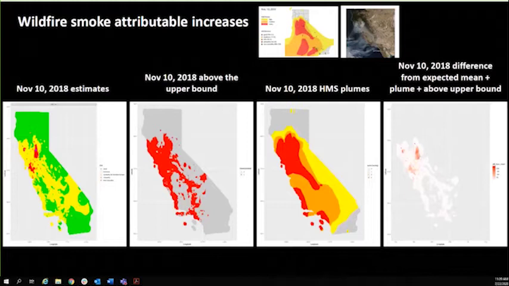So we're beginning to create surfaces for California over time about wildfire smoke impact for community.